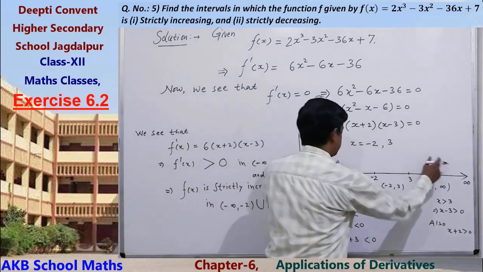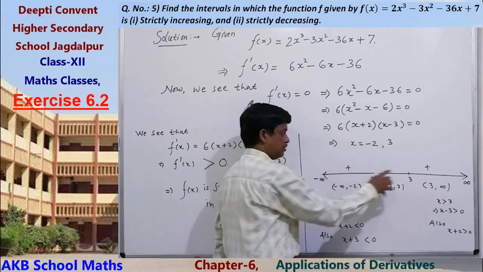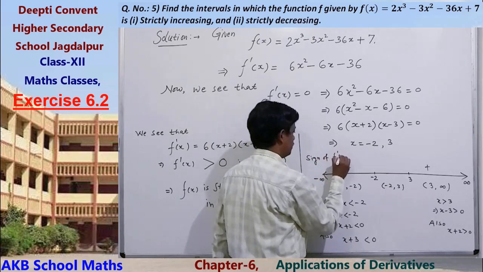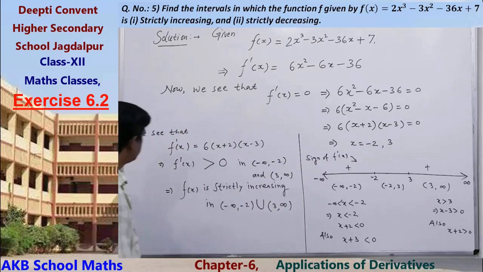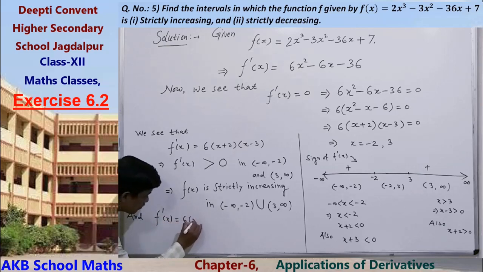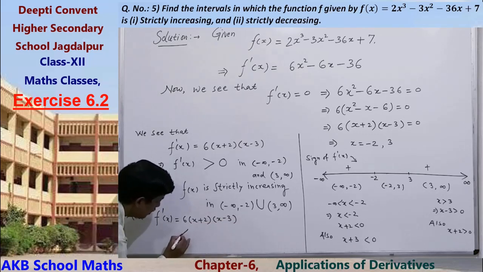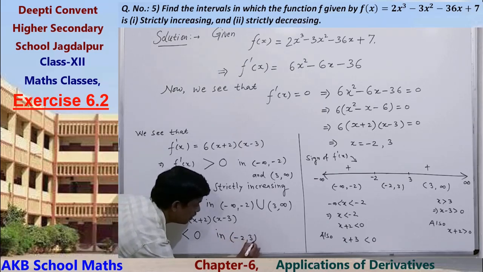In these two places, the sign of f dash x is positive. And f dash x equals 6 times x plus 2 times x minus 3 is less than 0 in minus 2 to 3.